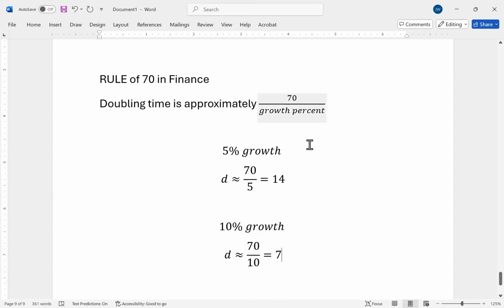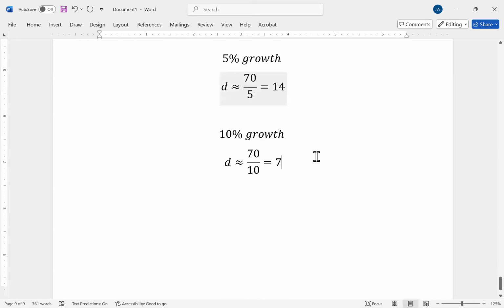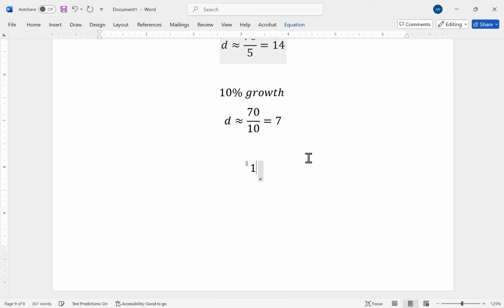And with 12%, we could do the doubling time with a 12% growth as well. Doubling time would be approximately 70 divided by 12. 70 divided by 12 is about 5.83, and we ended up with 5.78.